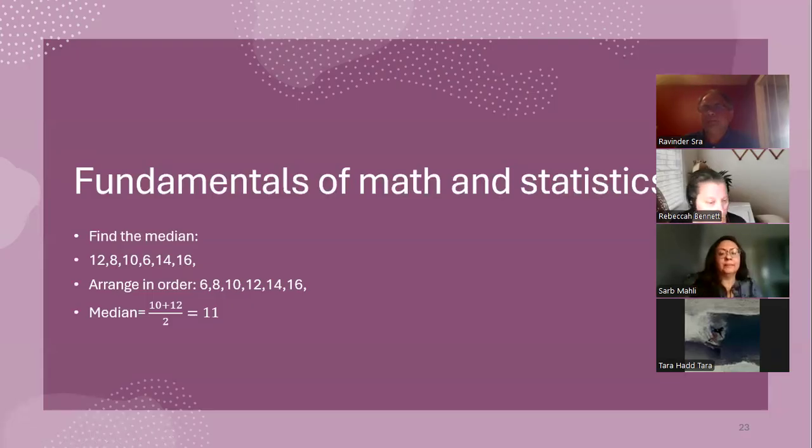The numbers are 6, 8, 10, 12, 14, and 16, so there are 6 numbers. In this case, we take the mean of the middle two. In case of odd, you can use the middle one. If we remove the 6 from here, then the median is 12.